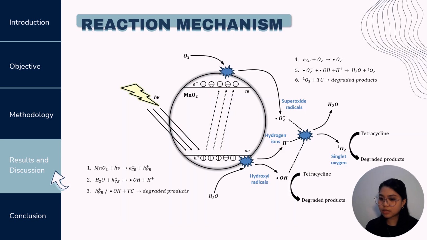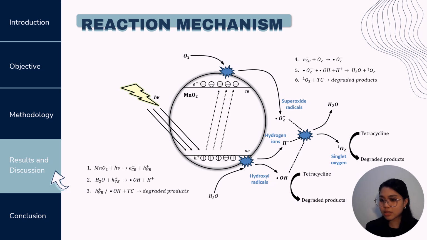So our proposed reaction mechanism for its degradation is that as UV, or as the visible light, hits the photocatalyst δ-MnO2, this creates electron-hole pairs. So these holes may react with water and then produce hydroxyl radicals, which can readily degrade tetracycline.